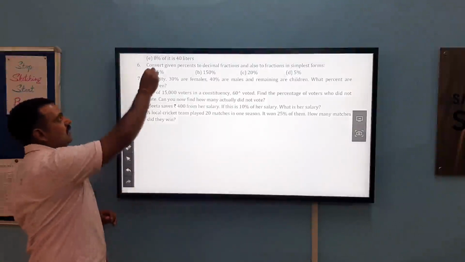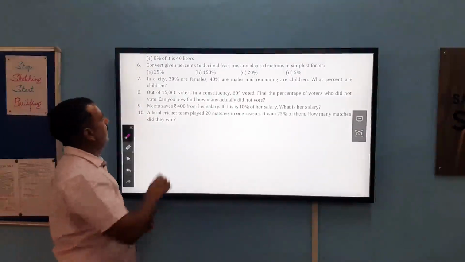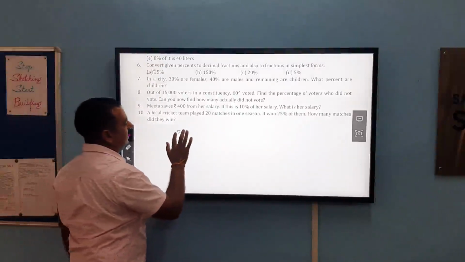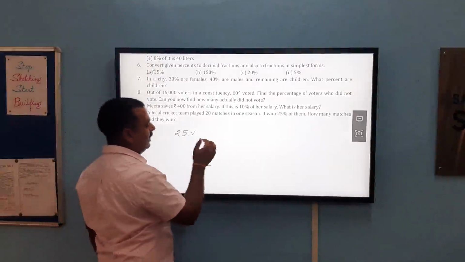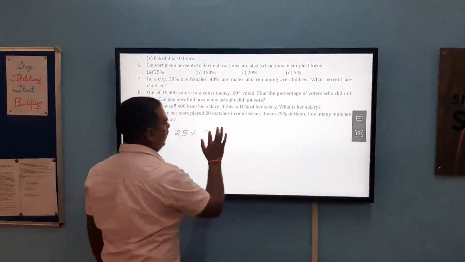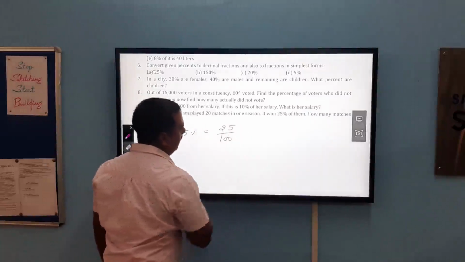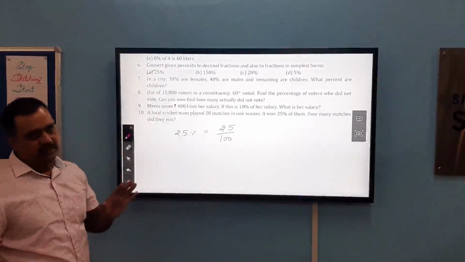We have to convert these percentages to fractions. It is very simple. Let us take one example, that is 25%. As we did in the last question, we convert this 25% in fractional form. 25% means denominator is 100. So 25 upon 100 is our fraction.